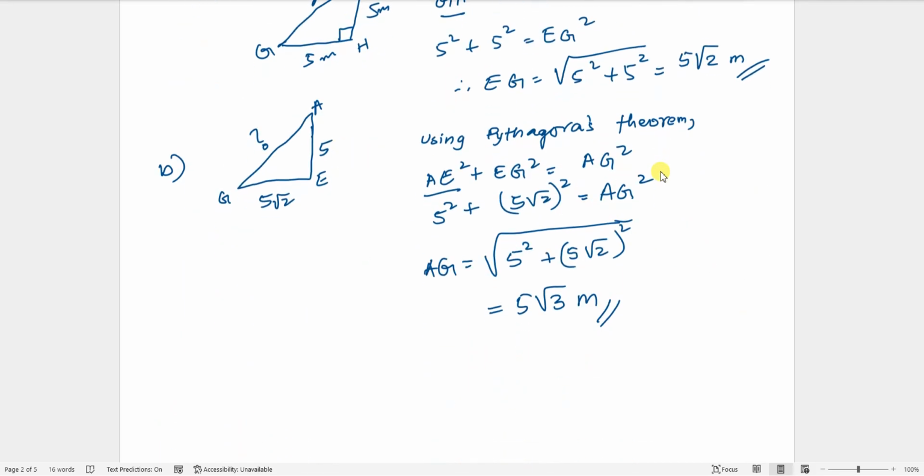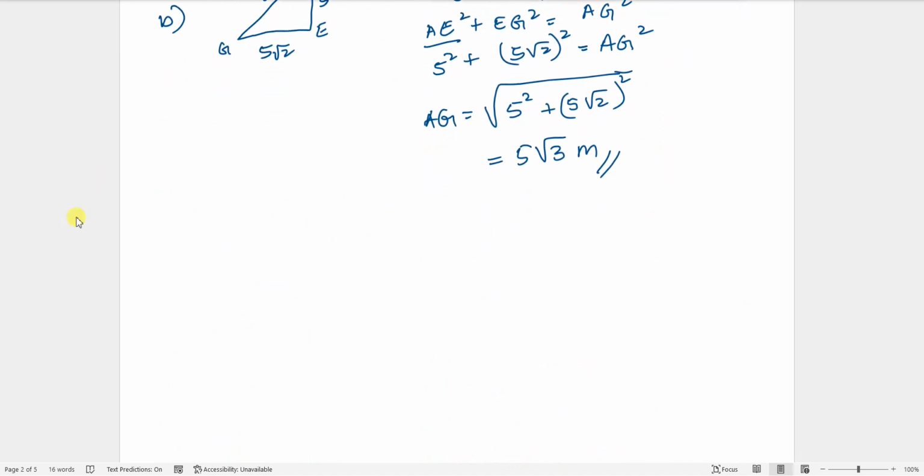So we draw this diagram. Okay, so this we have is 5 root 2, this we have is 5 meter, and this we have is 5 root 3 meter. It's always healthy to write if it is in meter and centimeter.